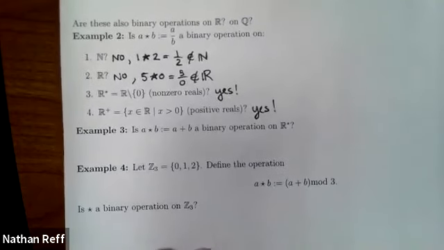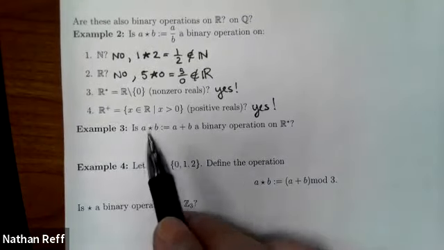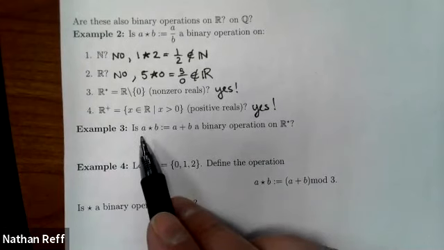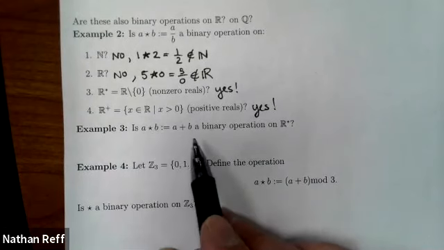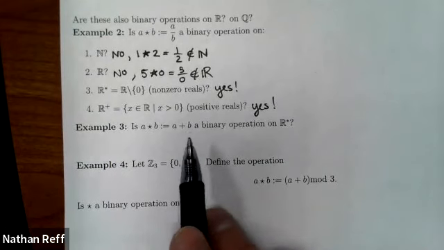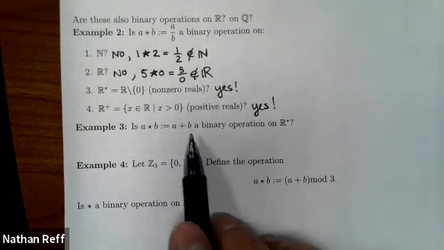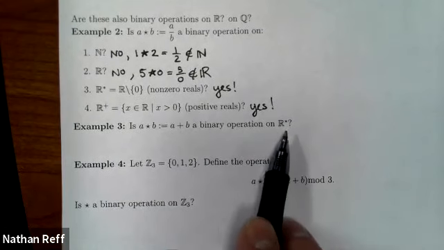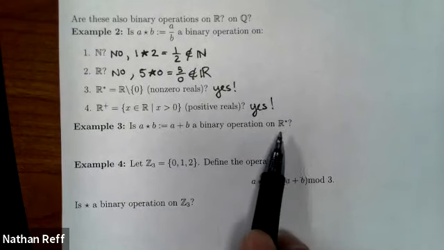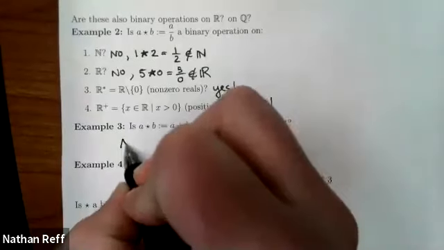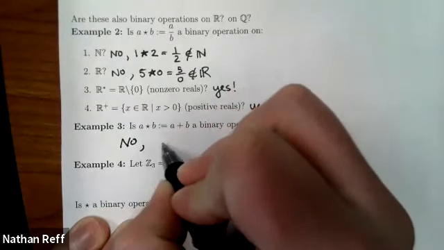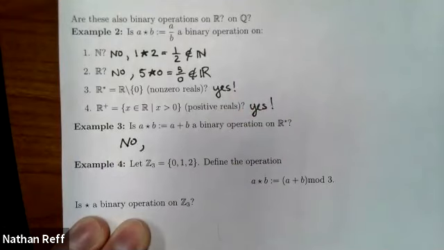Okay, how about this? Is the operation of combining them by addition a binary operation? So A star B, let's say that that's defined as A plus B. Is that a binary operation on non-zero reals? No. Why not? If you choose any opposites, like 5 and -5, you get 0.